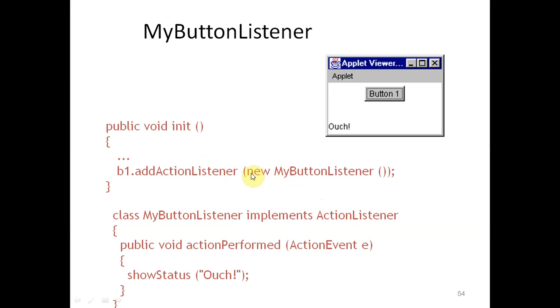But since we have a different class, we write the object of a different class, that is new MyButtonListener(), defining the object here.